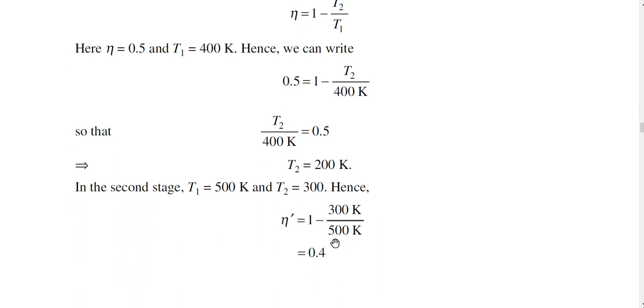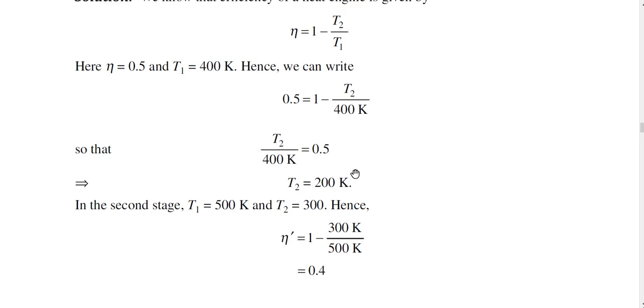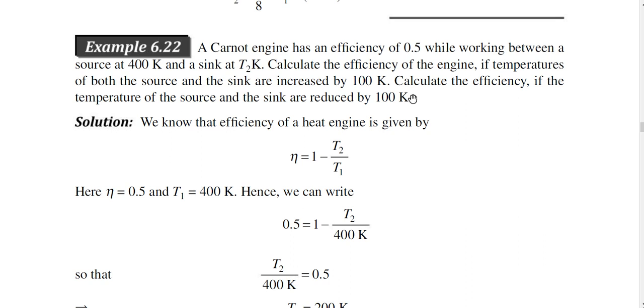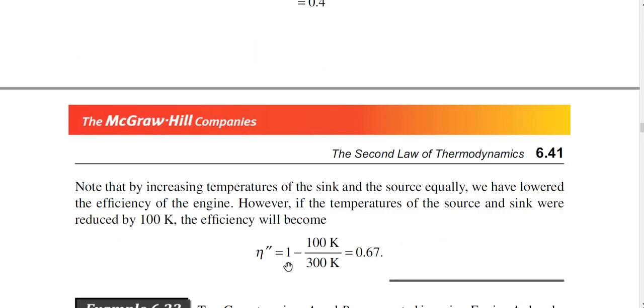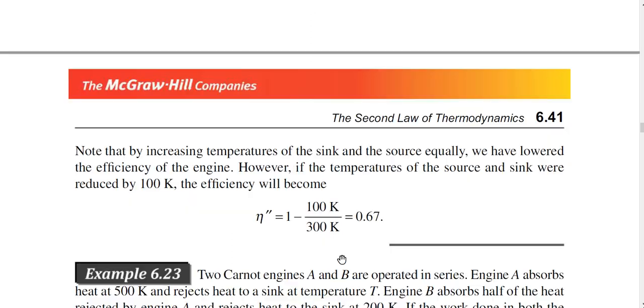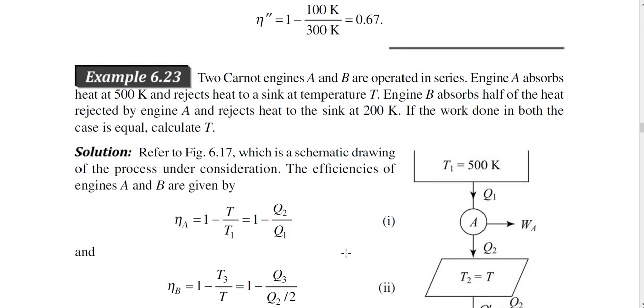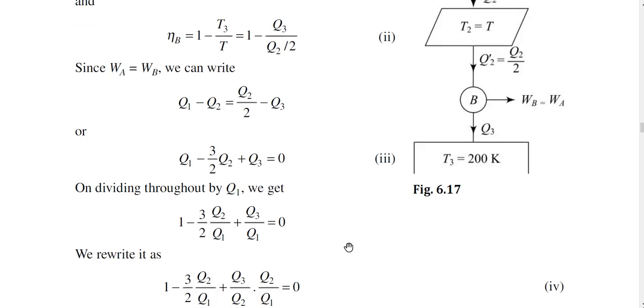So you just increase the temperature of both T1 and T2, and you can easily calculate eta by this formula. In the last case you are reducing the temperature of the source and sink by 100 Kelvin, so again you can calculate the value of eta prime. In this way you can solve this problem.